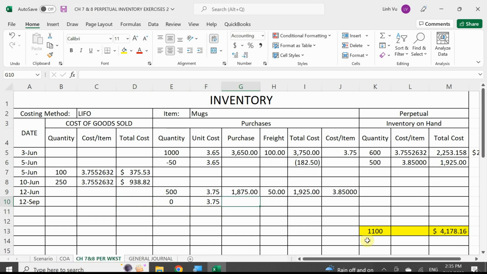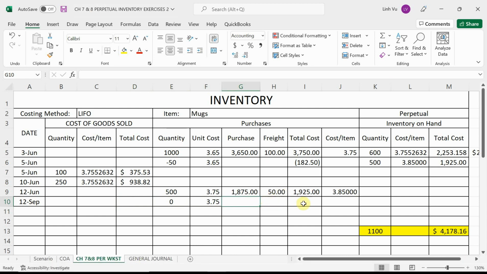Okay, so in this case, we're going to do the same calculation here under the total cost here, right? What I'm going to do here is I'm going to throw in that negative, right? 100 times $3.75, right? And we're going to get 25%. So that should give us negative $93.75. So now I need to adjust my inventory accordingly, right?